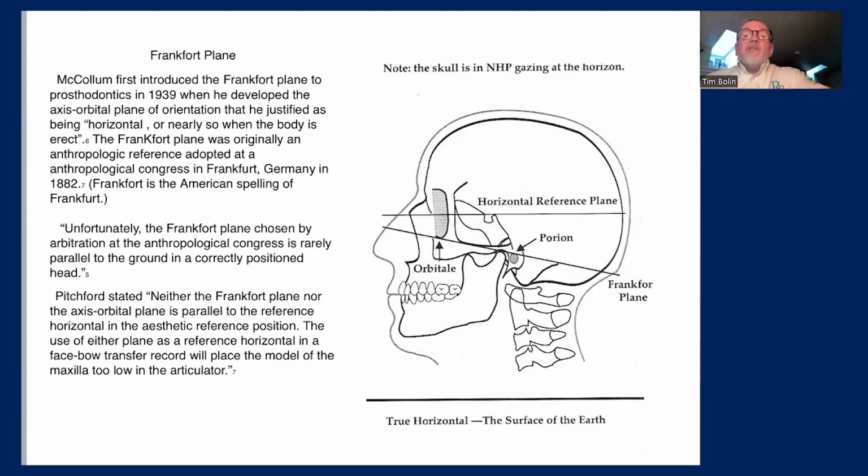Frankfort is the American spelling for Frankfurt. Unfortunately, a Frankfort plane chosen by arbitration at the Anthropological Congress is rarely parallel to the ground in a correctly positioned head. Pitchford stated neither the Frankfort plane nor the axis-orbital plane is parallel to the reference horizontal in the esthetic reference position. The use of either plane as a reference horizontal in a facebow transfer record will place the model of the maxilla too low in the articulator.